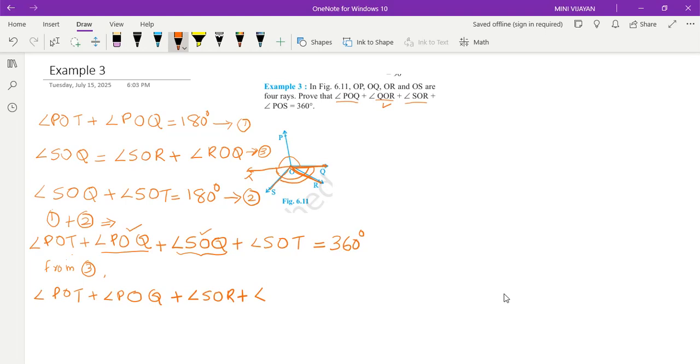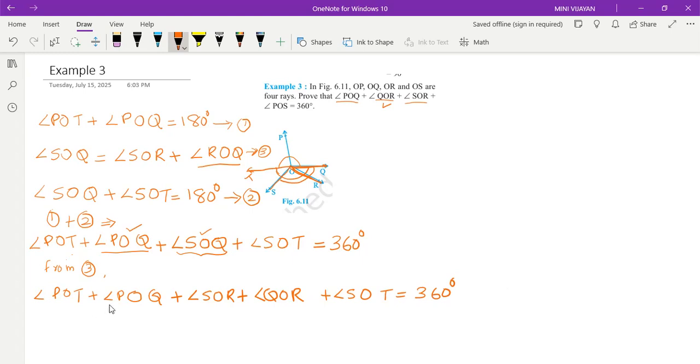In the question, instead of ROQ it is given as QOR. You know that both the angles are equal, because the center point is the same and the arms are the same, so angle ROQ and QOR are the same thing. So I can write it here as QOR, plus SOT, which is equal to 360 degrees.